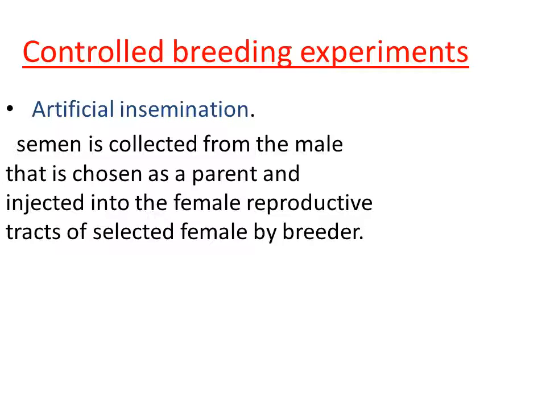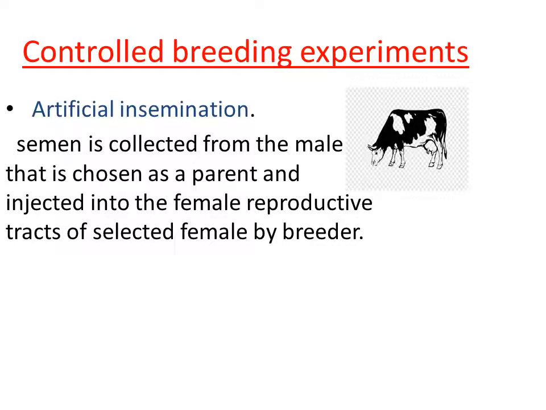The female animal is selected by the breeder, and the collected semen is directly injected into the reproductive tract of the female. This is what is called artificial insemination. This is a controlled breeding. Whenever we want to get a good breed from the animal, we can collect the semen from the bull and inject it into the female reproductive tract to achieve the breeding.